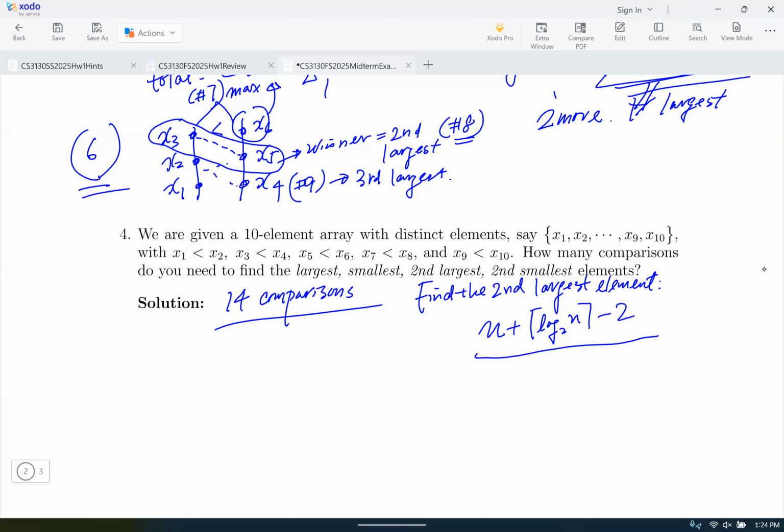In class, I didn't talk about this formula, but later in module 4, I will explain why we can get it. We apply the tournament method, so we can derive this formula. In module 4, I will talk about it.